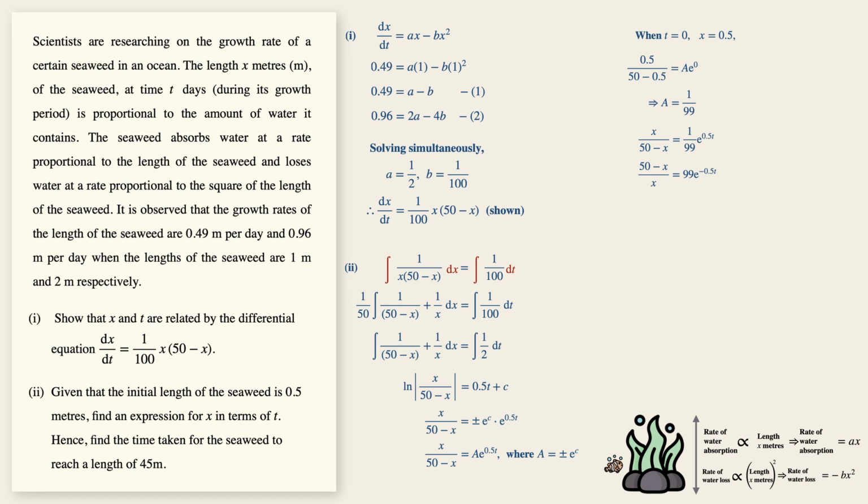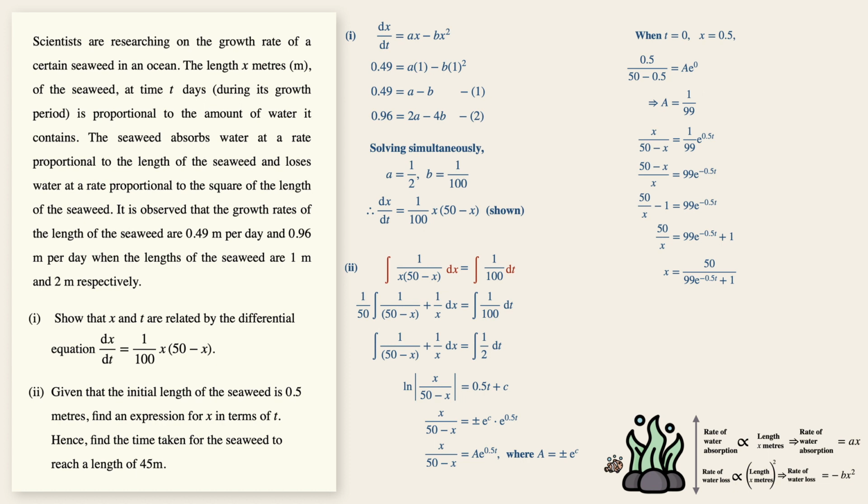And we can then divide the numerator by x to give us 50 over x minus 1 equals 99 e power minus 0.5t. Now 50 over x is equal to 99 e power minus 0.5t plus 1, and x is simply 50 divided by 99 e power minus 0.5t plus 1. Now this is the expression for x in terms of t.